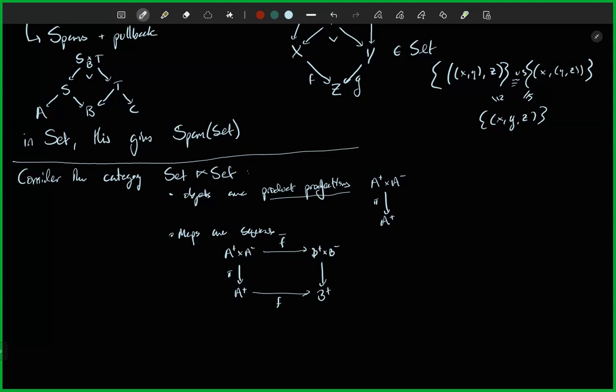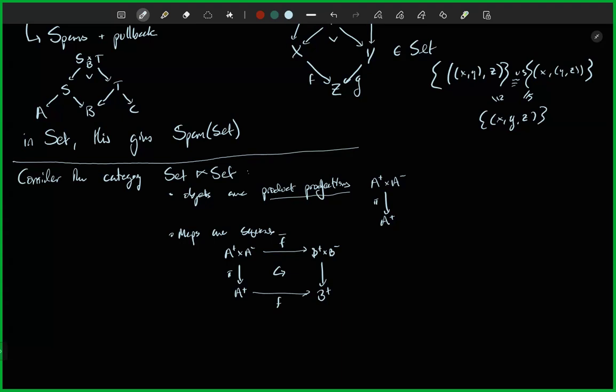Now this is quite straightforwardly a category, because these are commuting squares, I have to say. It's quite straightforwardly a category because we can just put these squares next to each other and that gives us associativity.